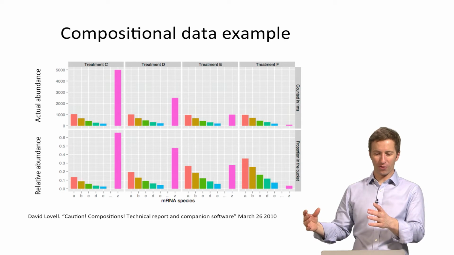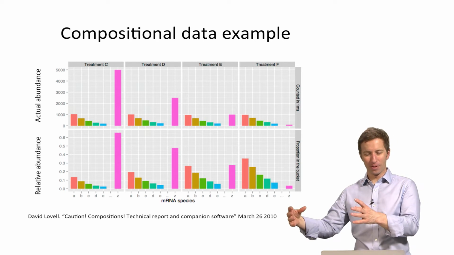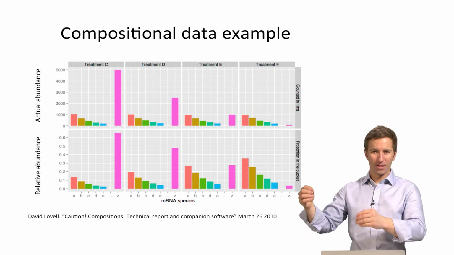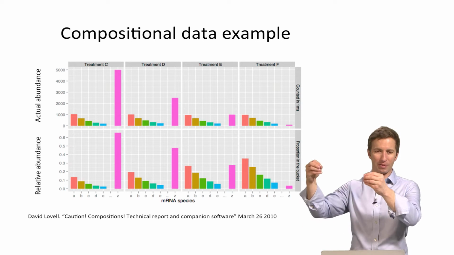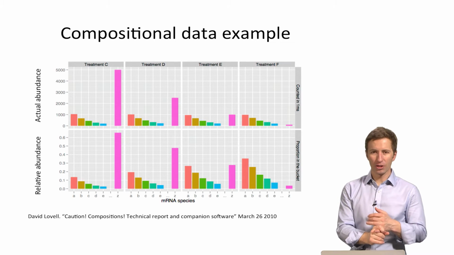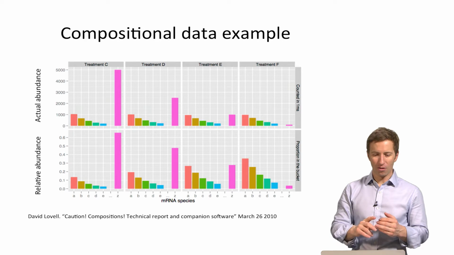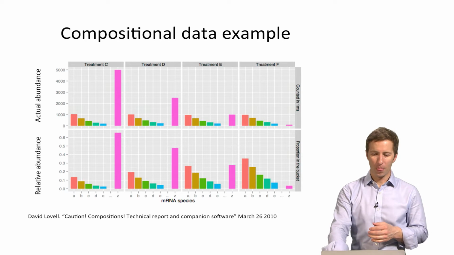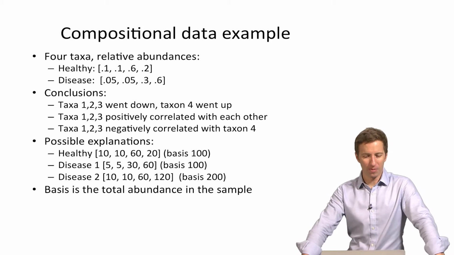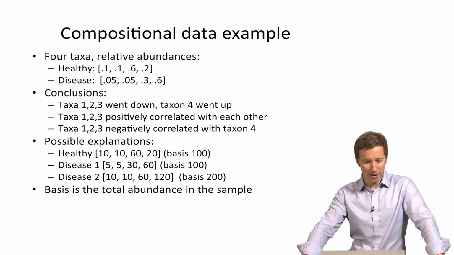And you would also infer that the minor bugs are positively correlated with each other, because they're all going up and down together. When in fact, there's actually no correlation in the data, and only the pink bug is affected by treatment. So this is actually a very real problem in microbiome data, at least for now.